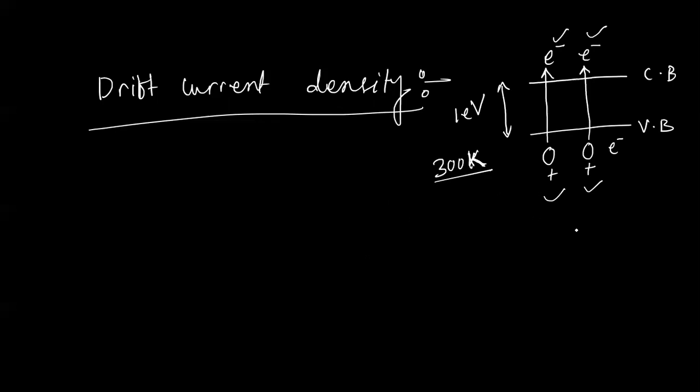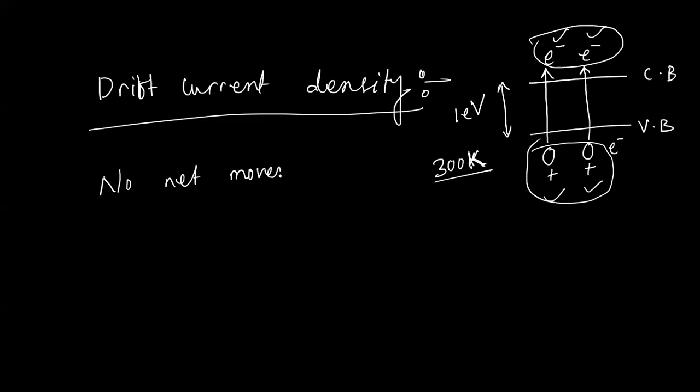In the absence of any applied electric field, if there is no electric field given to this intrinsic semiconductor, these electrons in the conduction band and holes in the valence band just move randomly in random directions. Random directions means there is no net current, because there is no net movement of the charge carriers.